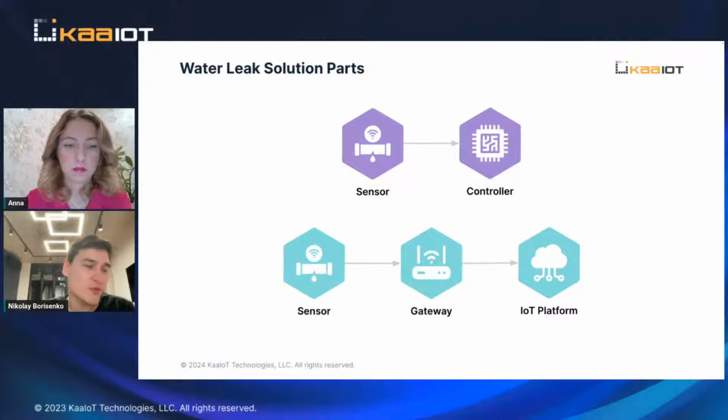LoRa will be able to provide a much larger distance, because you need to provide pretty stable connectivity between your gateways and your sensors. And when you plan where your sensors should be located, you need to do another planning of where your gateways will be located.